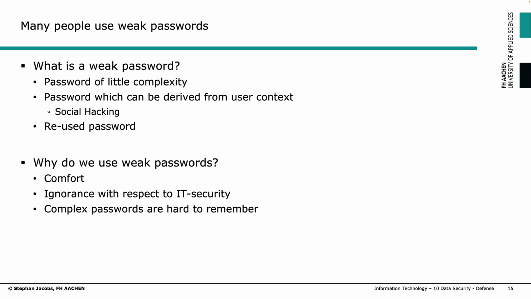So if you take simply your nickname or take your name and add a number to it, then this is really easy to guess. And last but not least, reused passwords. If, for example, one of these passwords is hacked, then all the other identities are at risk as well.